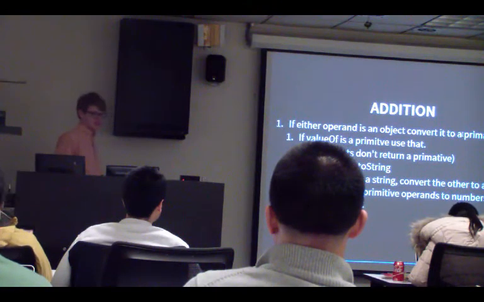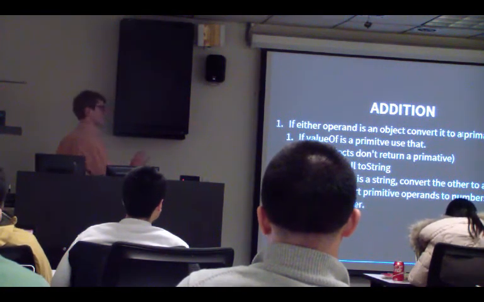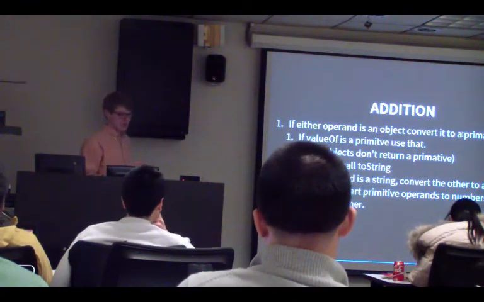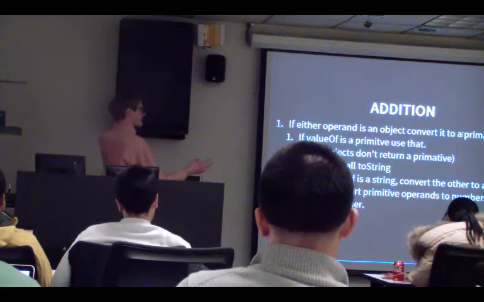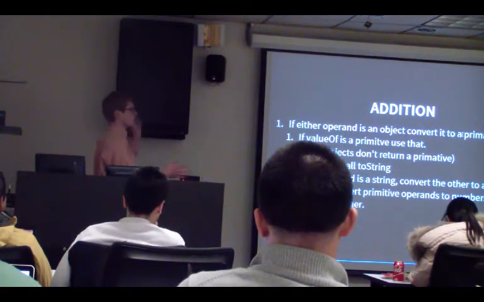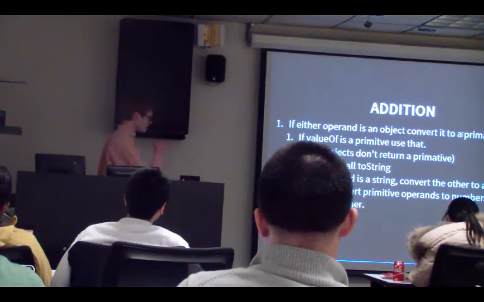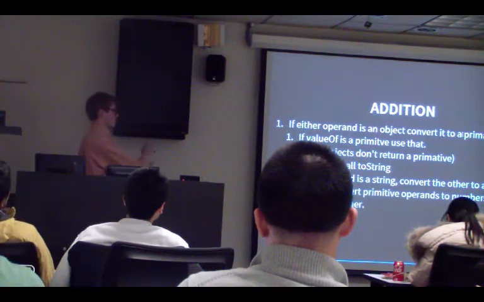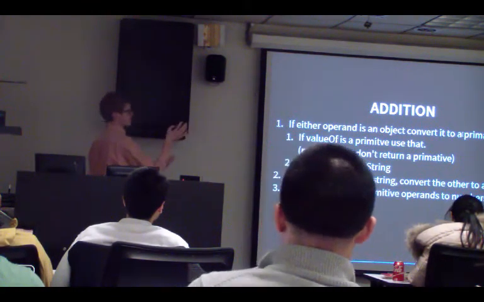In the addition operator, this is the method JavaScript uses to add two values. When you add A and B, it first looks at both operands, and if either one is an object, it converts them to primitives. So say we're adding an object on the left and an object on the right.